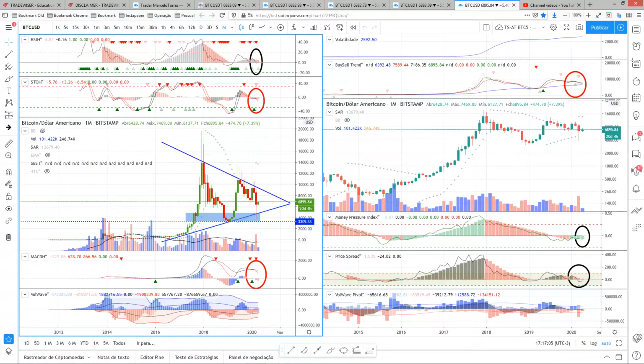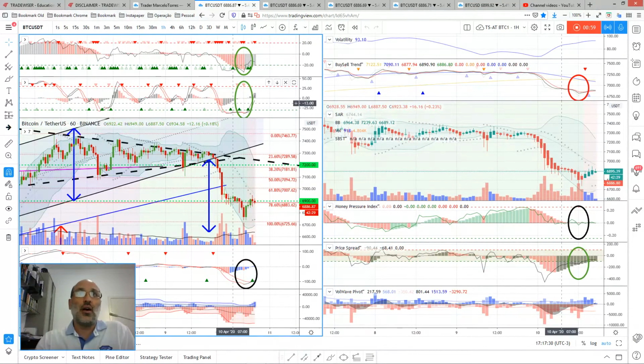Why is that? I want to know what the trend is for each one of these periods. This way, one confirms or reverses the other one, and so on. This way, I can always know if I am going to trade in the same direction of the trend. Okay, this is my point.